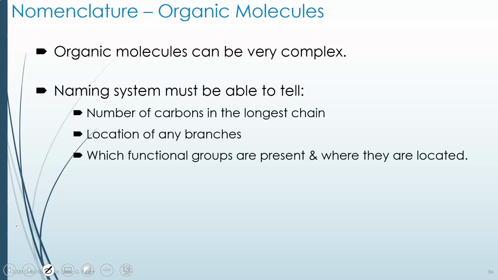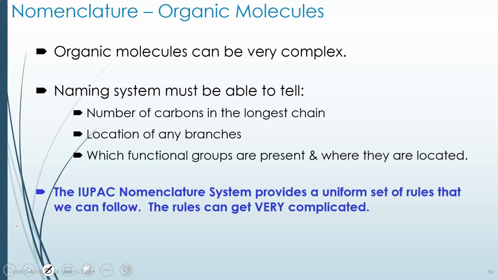We call those branches, substituents, side chains, or groups, and sometimes we have other things called functional groups, which actually are groups of atoms in very specific patterns that give certain chemical function to the molecule. And we'll talk about those in another module as well.